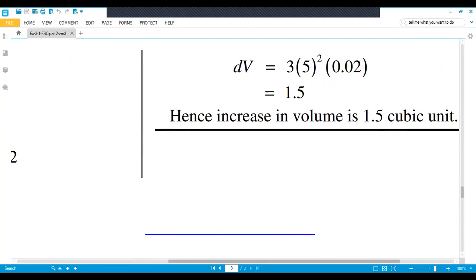For the last part, question number 5, you will try it by yourself. Find the approximate increase in the area of a circular disc if its diameter changes from 44 to 44.4. First you subtract 44.4 minus 44, so you will get 0.4.